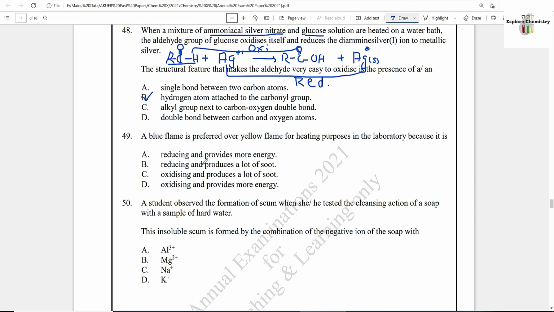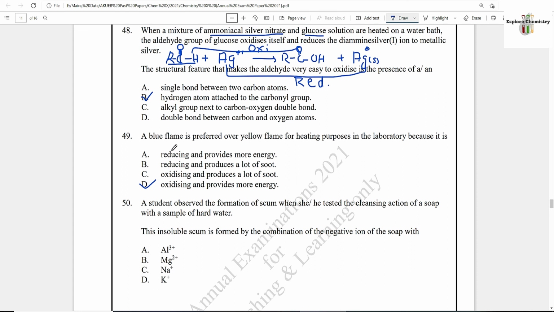49. A blue flame is preferred over a yellow flame for heating purposes in the laboratory because the blue flame is preferably used because it has more oxygen. It has more oxidizing property. Because of that, it will provide more energy. So this is the correct answer.